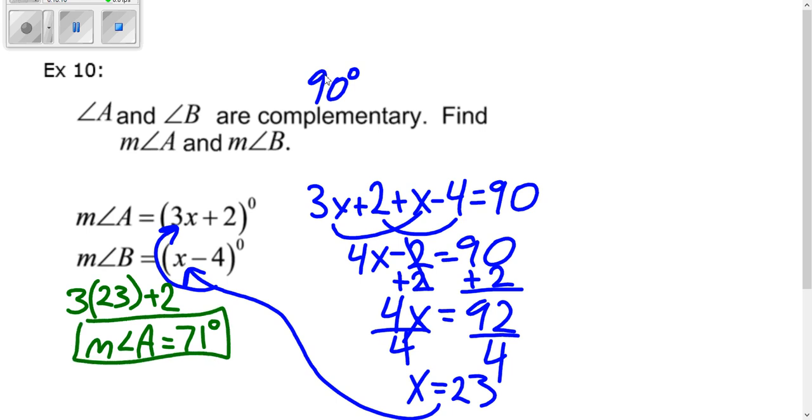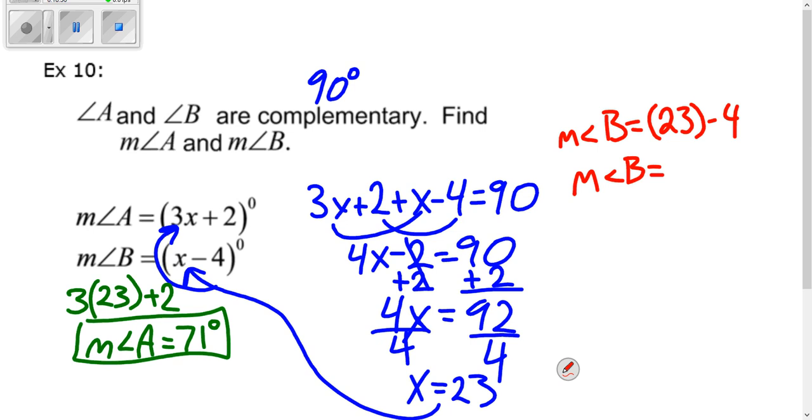And then our other one I'll do over here on the other side for angle B. (23 minus 4). So we get 19.